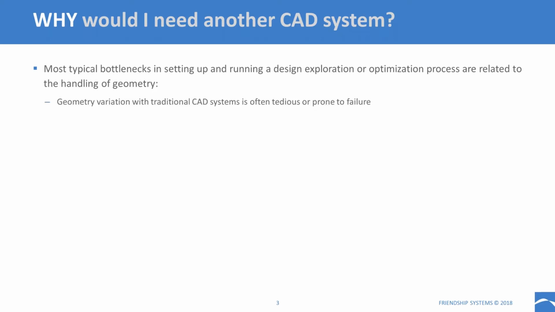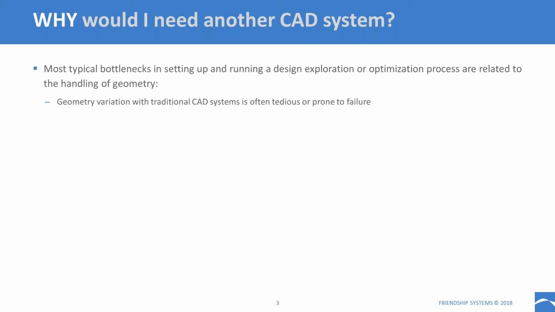And let's say typical bottlenecks that people encounter are, with a traditional CAD system, geometry variation might be difficult. So you can build all kinds of geometries, but when you start to vary them in an automated way, it's tedious, or there is a very high failure rate that the geometry cannot be regenerated.